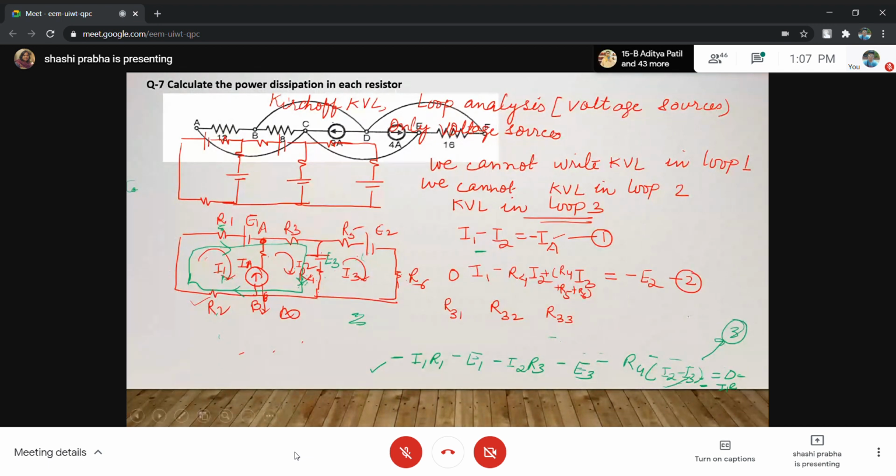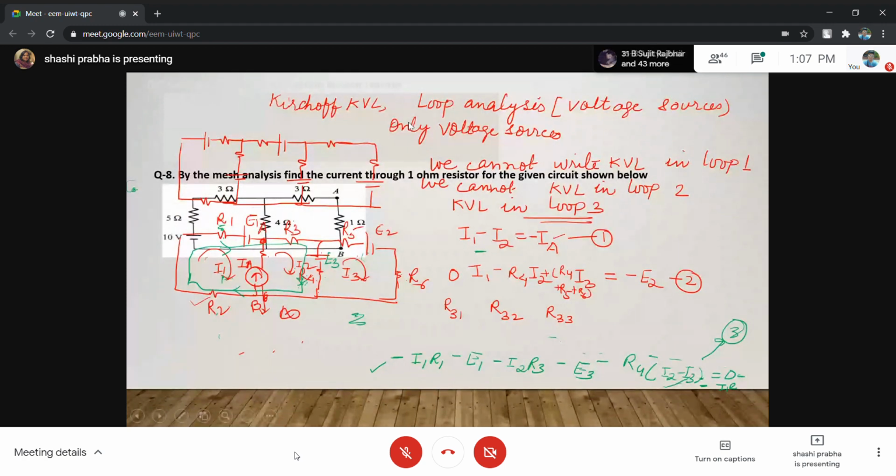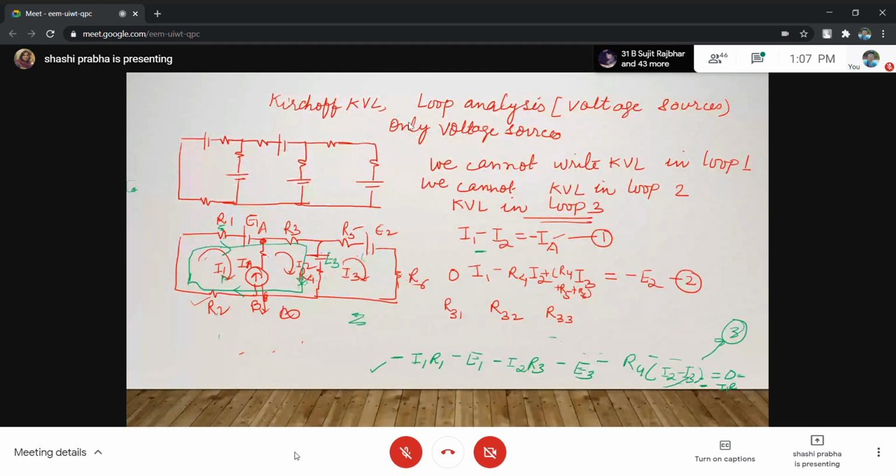This is a special technique when you have only voltage sources, the circuit is like the first part. When you have a current source also, you will write a number of equations from the current source. Then you will write the equation whichever is possible, which is equation number 2, and for the third equation we have to combine the loops. Which loop did we combine?